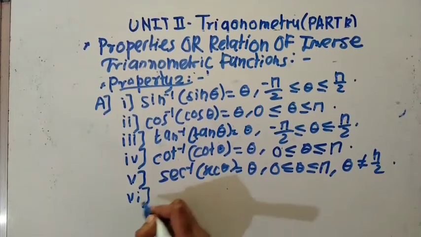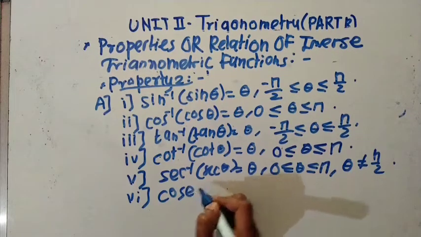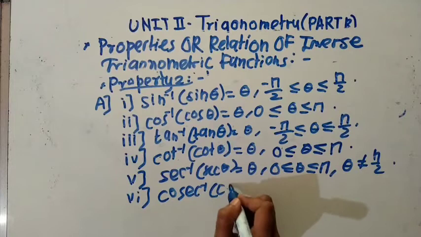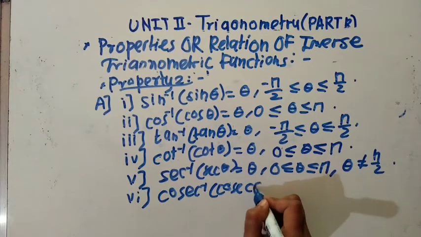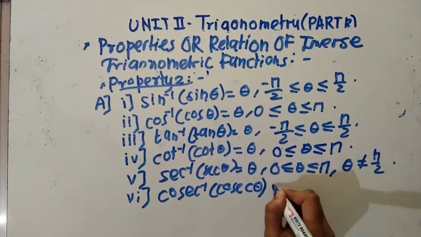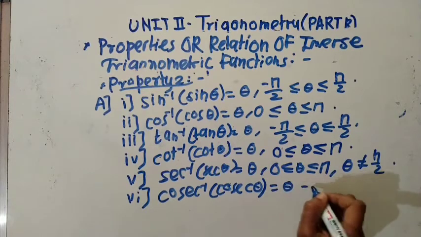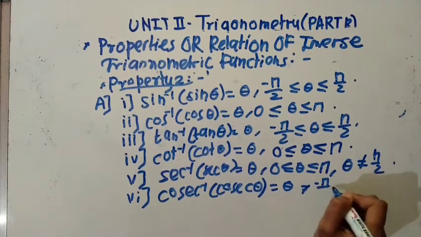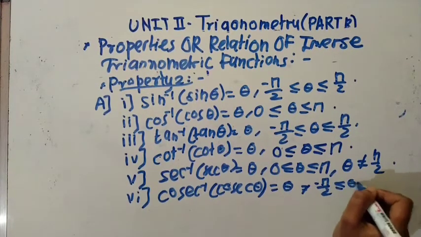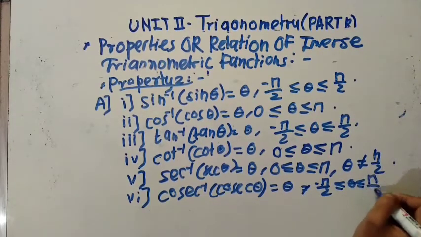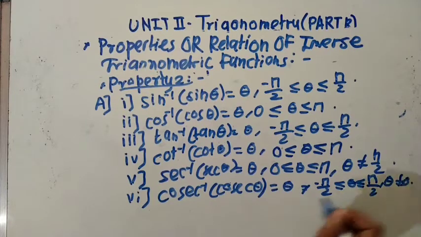Then last property, cosec inverse of cosec theta is equal to theta, where minus pi by 2 less than or equal to theta less than or equal to pi by 2 and theta not equal to 0.